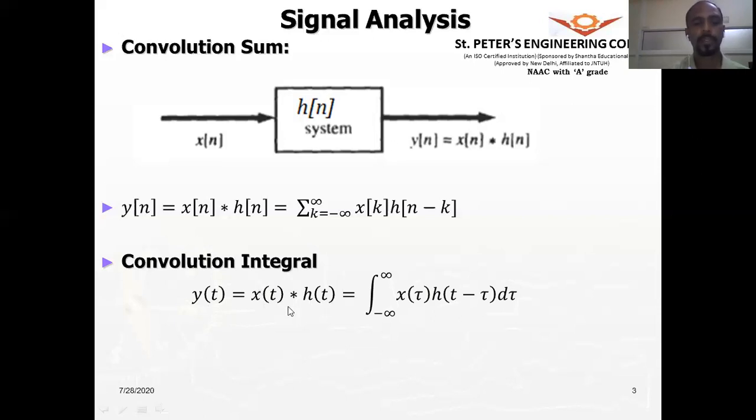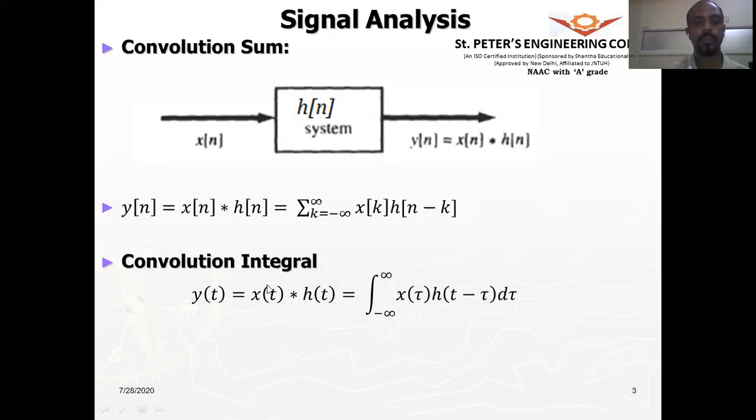These are the two signals, x of t and h of t. So two functions are getting convolved, and that output is represented as y of t. How do you obtain this? X of t convolved with h of t is the notation for convolution, and it is obtained by evaluating the integral from minus infinity to plus infinity of x of tau h of t minus tau d tau.